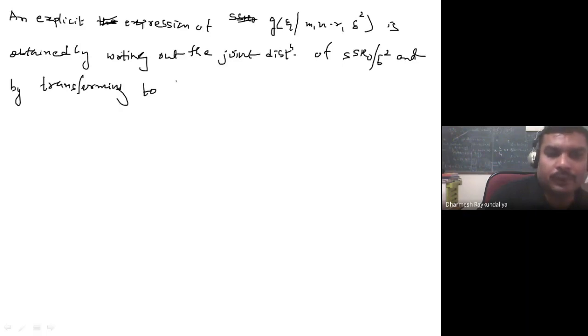So if you wish to find that explicit expression of xi, you have to write the joint distribution of SS at naught upon sigma square and then transform it into xi.